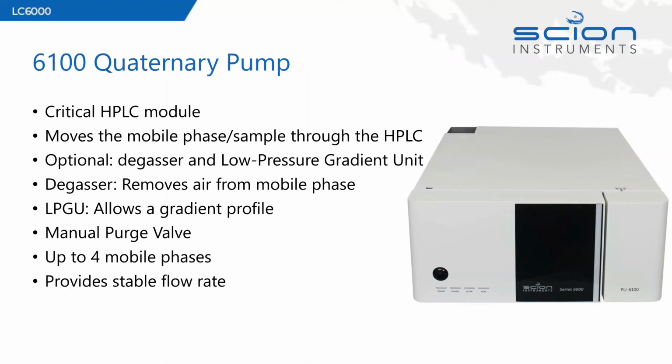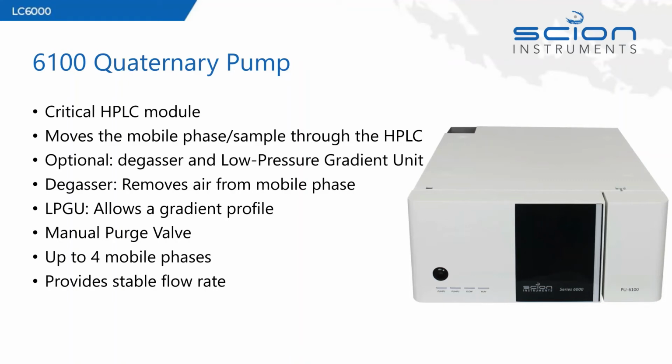So by installing the low pressure gradient unit, that gives us the flexibility to run a gradient profile if our method requires it. Without it, we will just be on the standard isocratic mobile phase and we won't be able to change the composition. It does come with the manual purge valve, so for easy maintenance when we are switching over mobile phases, we simply have to open the purge valve and set the flow to a little bit of a higher rate.